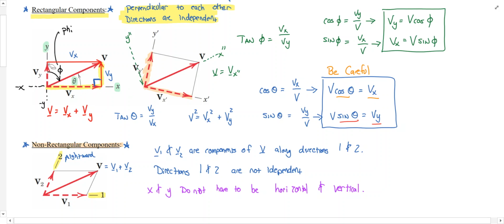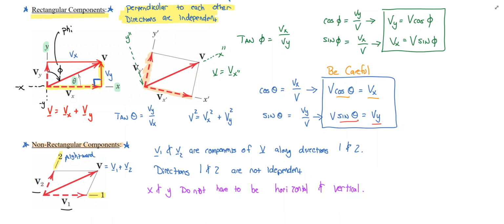But you'll notice that there's no part of Vy that's in the direction of x, and there's no part of Vx that's in the direction of y. That's not the way it was down here with V1 and V2. V1 was to the right, and V2 also had some rightward portion. Vy has no left or right portion, and Vx has no up or down portion. And so that's why we say that it is independent.